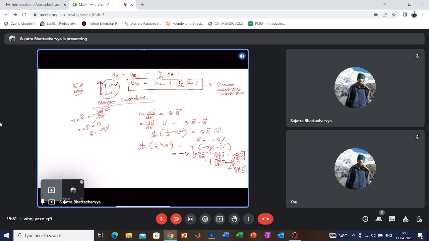So it becomes minus q d phi dt, because phi is now a complete function of time. So what I get is d dt of half mv square plus q phi is 0. Therefore, half mv square plus q phi is constant.